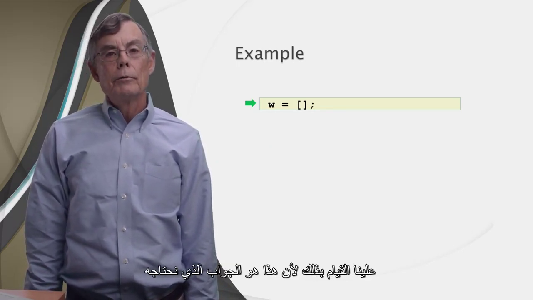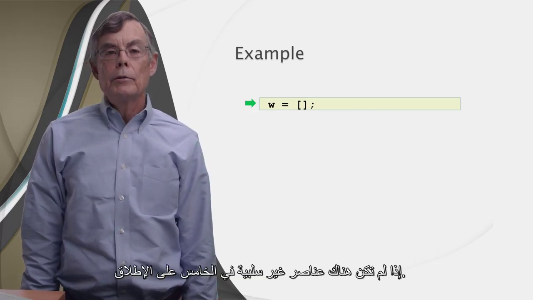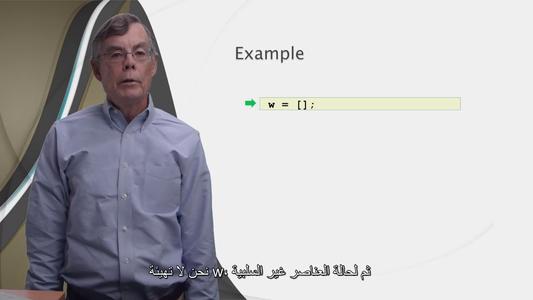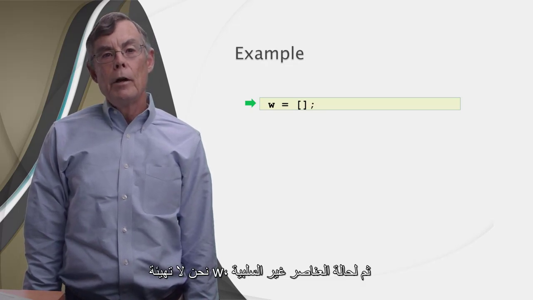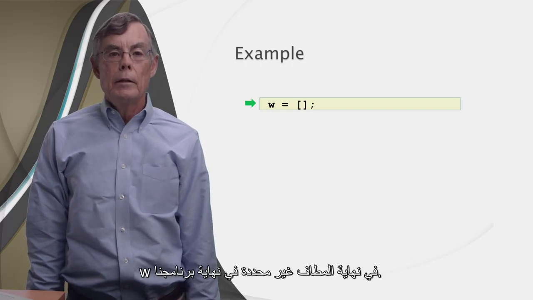We've got to do this because that's the answer we need if there are no non-negative elements in v at all. If we don't initialize w, then for the no non-negative elements case, w will end up being undefined at the end of our program.